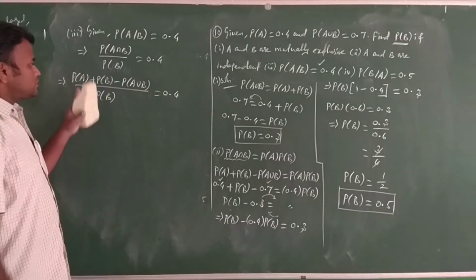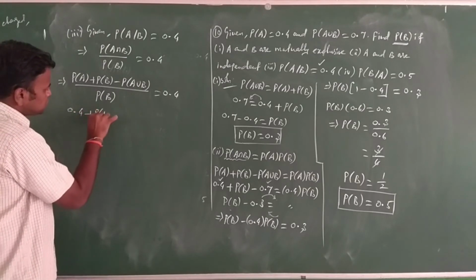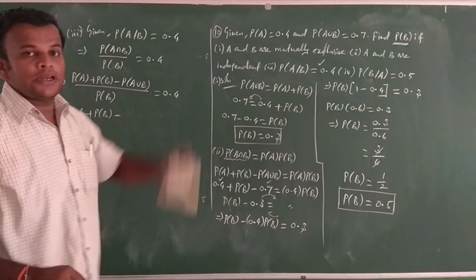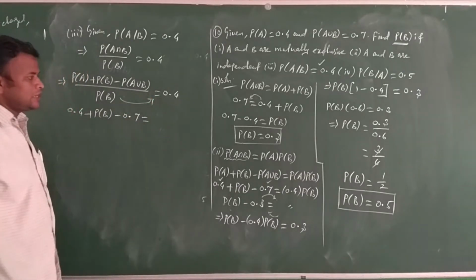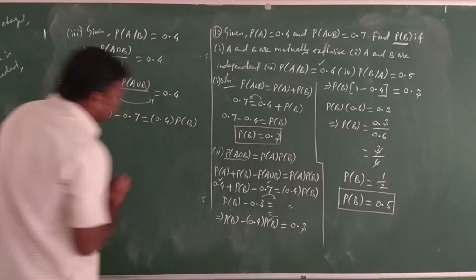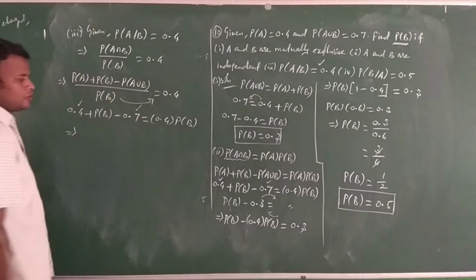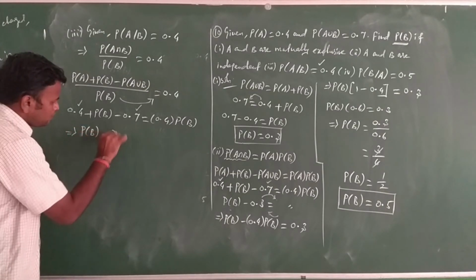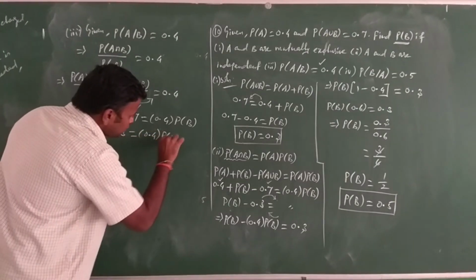Now we substitute the known values. P of A is 0.4, plus P of B, minus P of A union B, which is given as 0.7. The denominator P of B goes to the numerator side: 0.4 times P of B. So 0.4 plus P of B minus 0.7 gives P of B minus 0.3 equal to 0.4 times P of B.